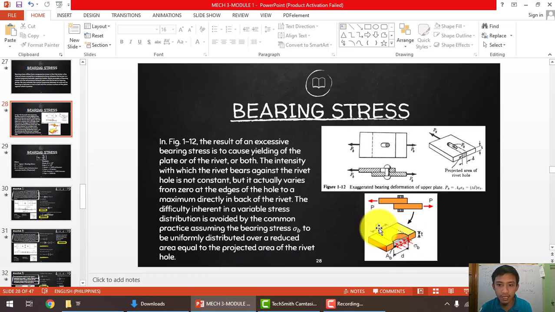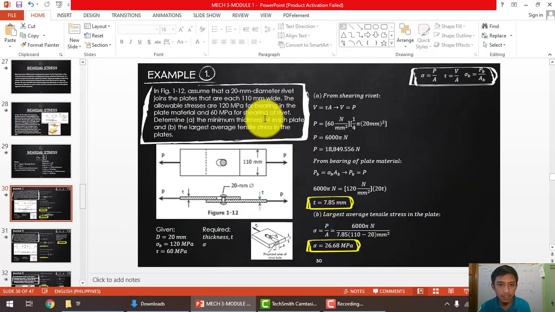There will be a rupture or a tearing of the plate within that projected area. So that's why we will try to control that bearing stress using the bearing strength of the plate material, because that will be the one to fail if the bearing stress is too much.